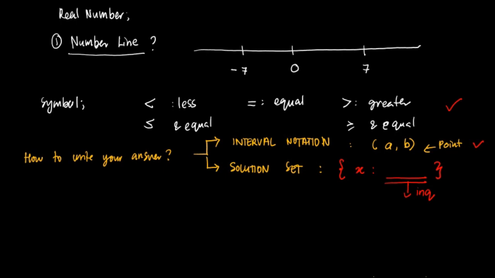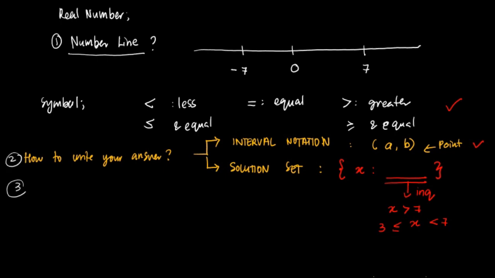For example, if you only have one value, x greater than 7. Or if between, it can be 3 to 7. So that's how you write your solution set form.